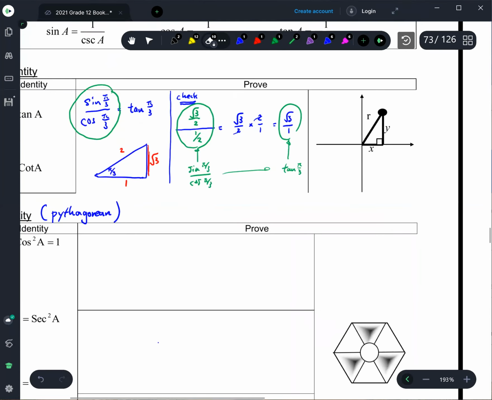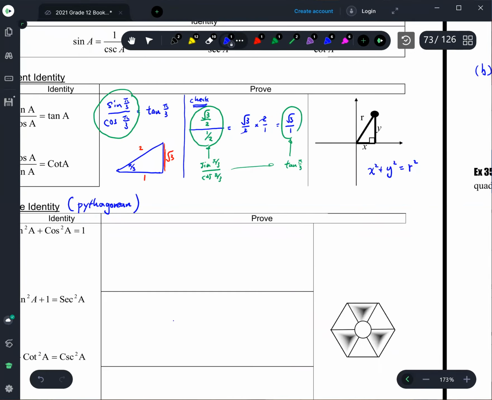It doesn't matter where you put the angle, you always have a right triangle for your reference angle. Because it's a right triangle, we have X squared plus Y squared equals R squared, from the Pythagoras.